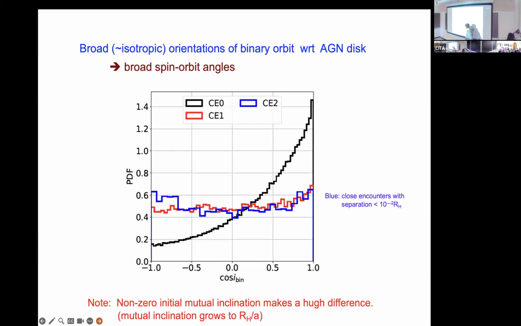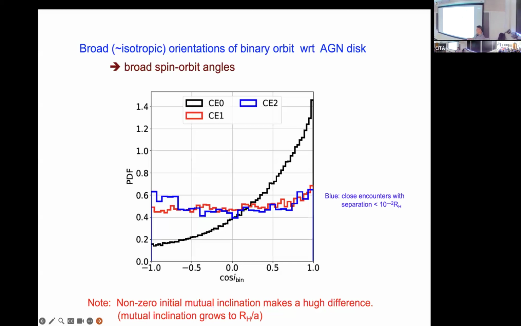Look at the blue curve. It's basically an isotropic spin-orbit orientation. Basically, the orientation of the little binary relative to the original AGN disk is isotropic.